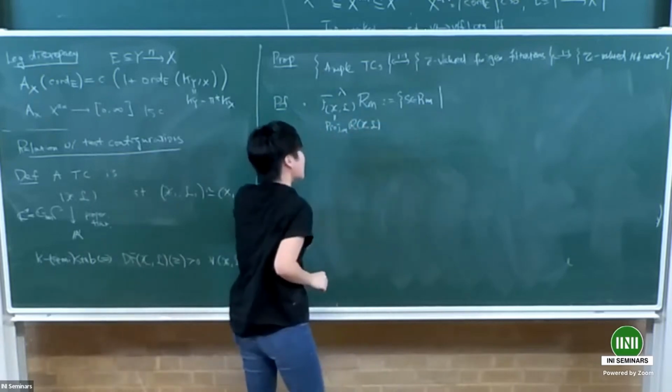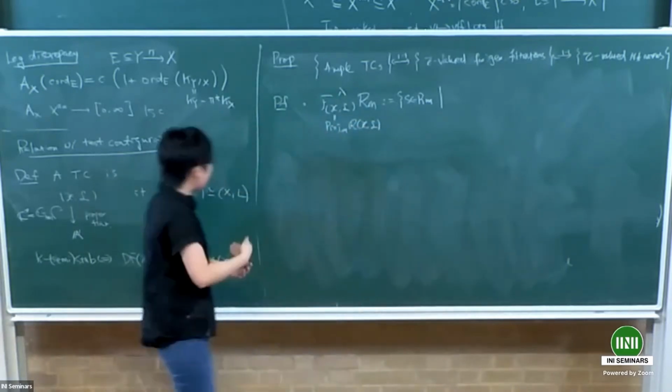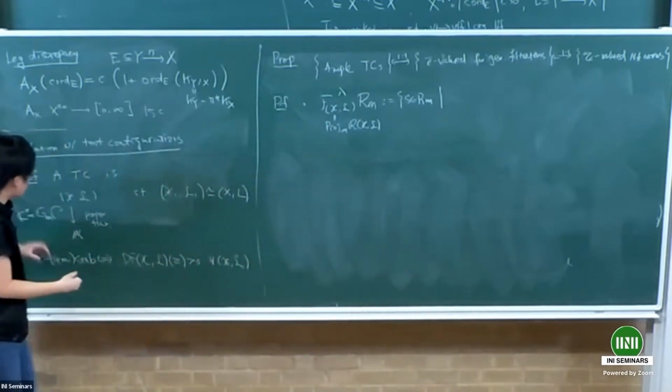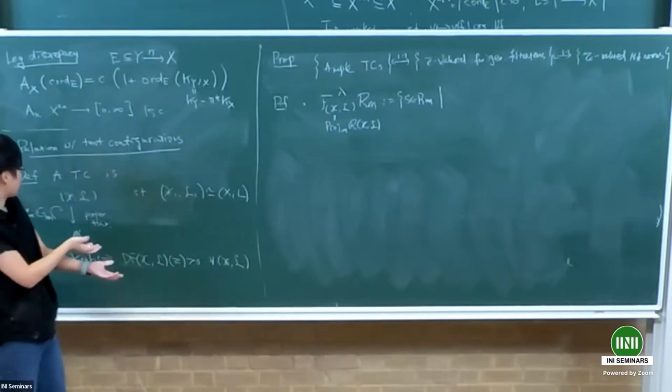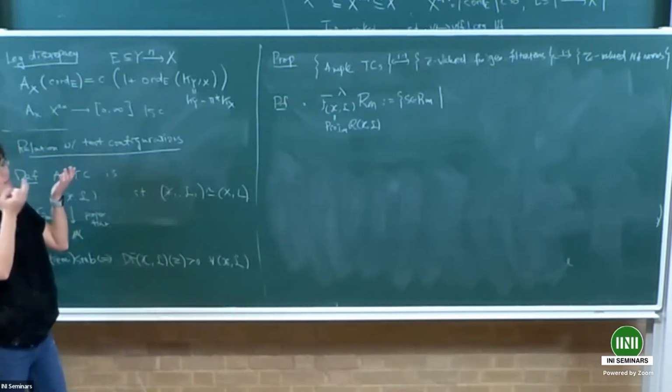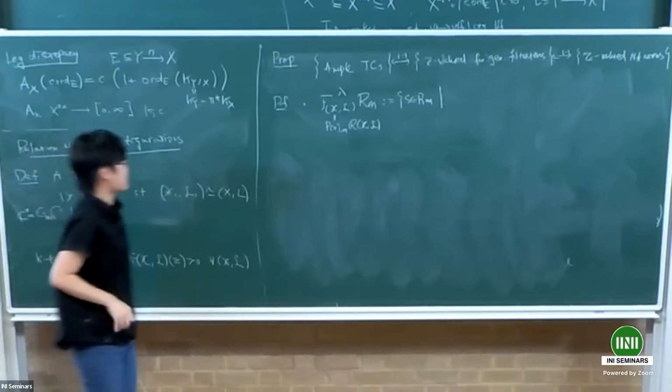like so. Then away from the central fiber, you can use the C star action to lift a section away from the central fiber to the total family, but again, away from the central fiber.